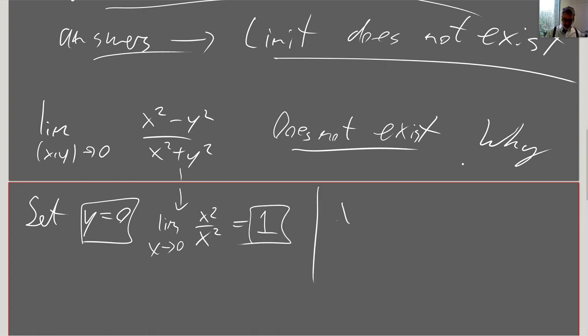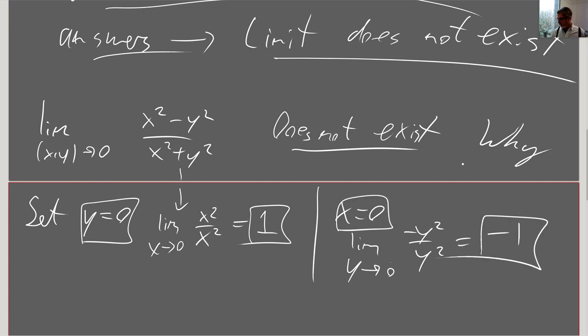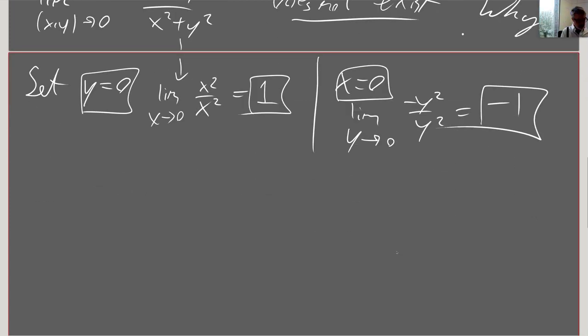But if we set x equals 0, and we look at the limit as y goes to 0 of negative y squared over y squared, we get negative 1. Okay, so x equals 0 gives us a different limit. Okay, so in the picture, we've got our xy plane here.